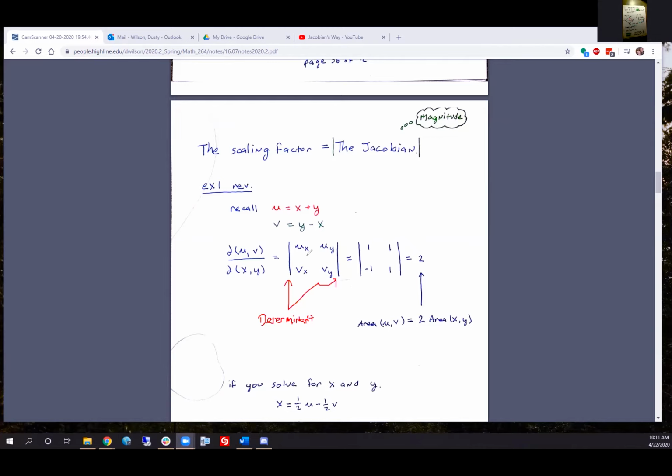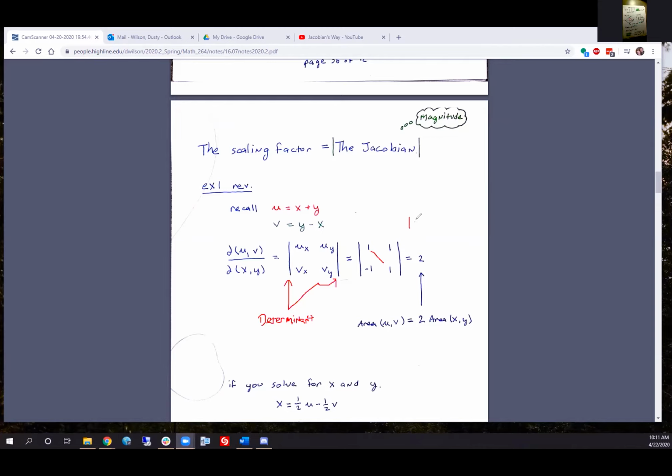So we're finding the determinant of this thing. Our ux would be the derivative of u with respect to x. That's the 1. uy, derivative of u with respect to y, 1. vx, -1. vy, 1. And then, as you may recall, to find the determinant of a 2x2 matrix, you would multiply the main diagonal, 1 times 1, and then subtract the off diagonal.